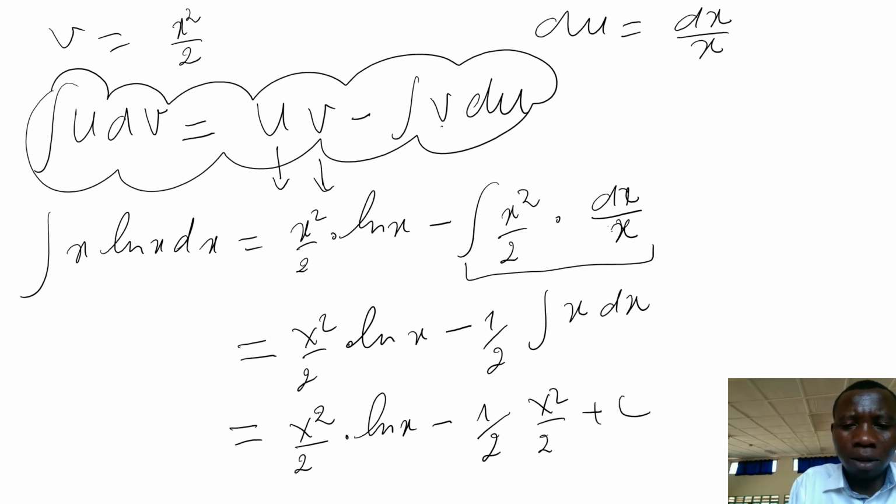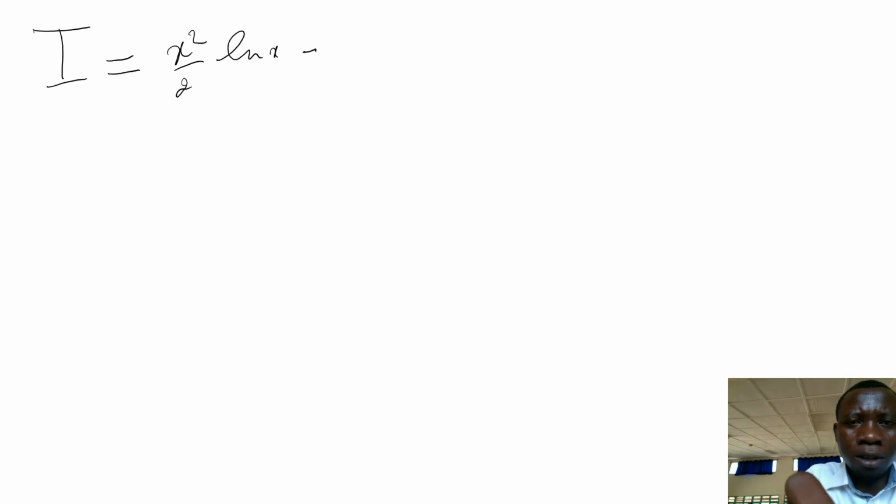So the answer of the integral is x squared over 2 ln x minus x squared over 4 plus c.